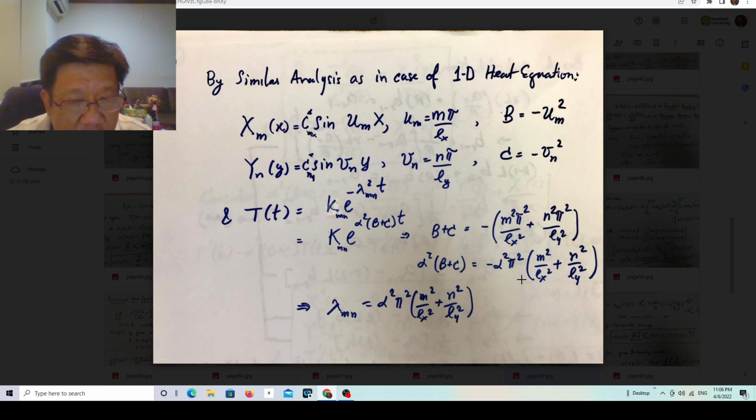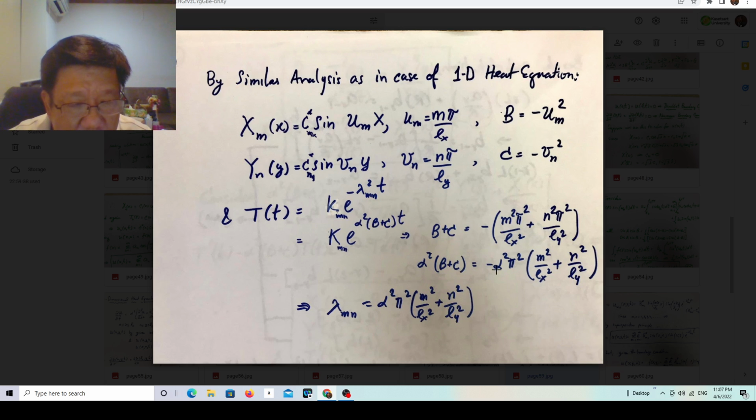Therefore this is the general form of T(t), with K_mn. X and Y rely on m and n separately, but T has to rely on both m and n, because its exponent relies on both the b and c values. So b plus c is equal to this, with alpha squared and a minus sign.